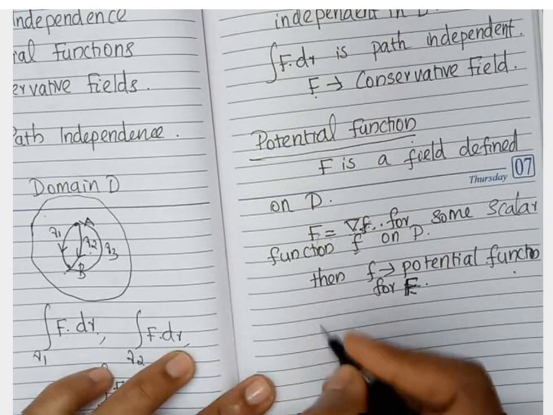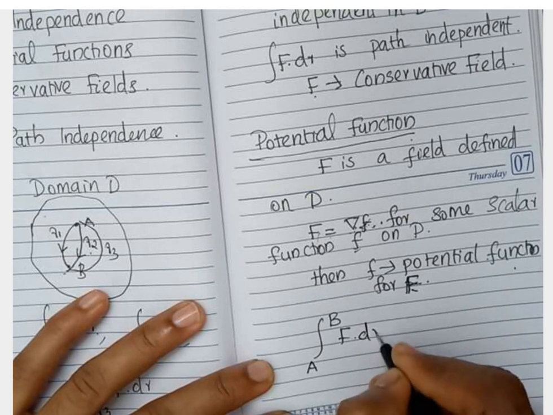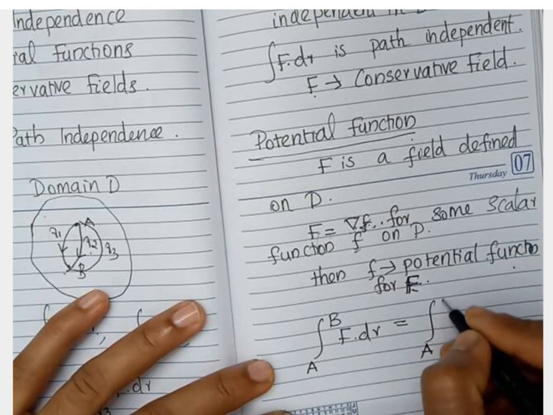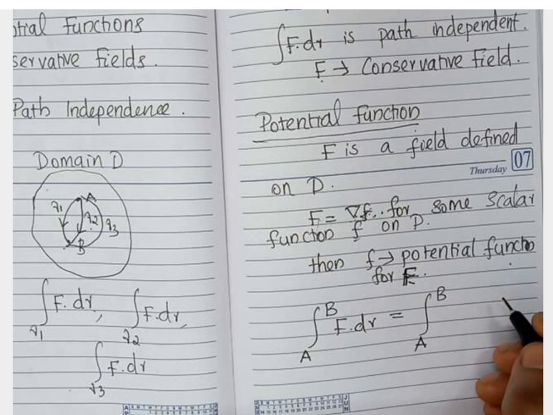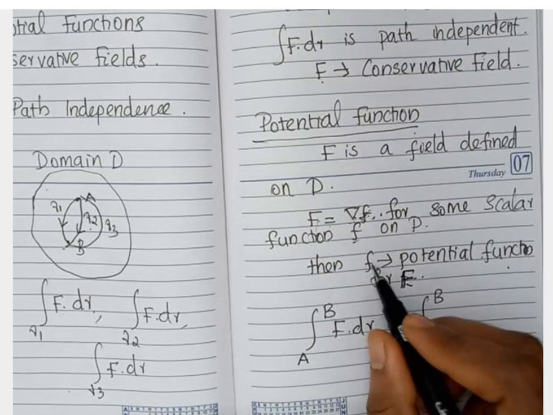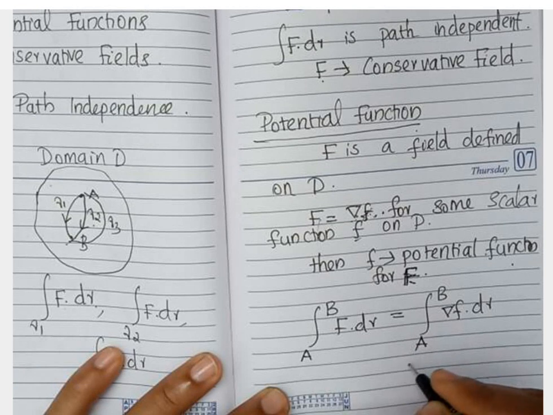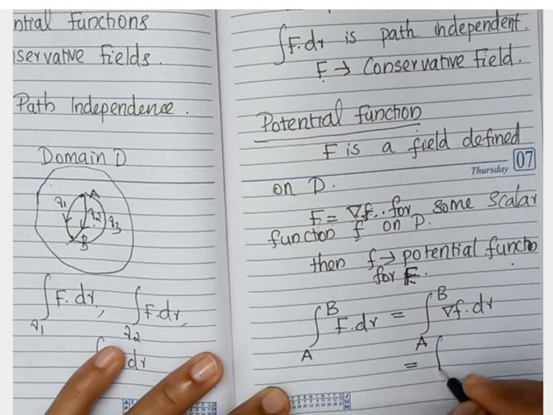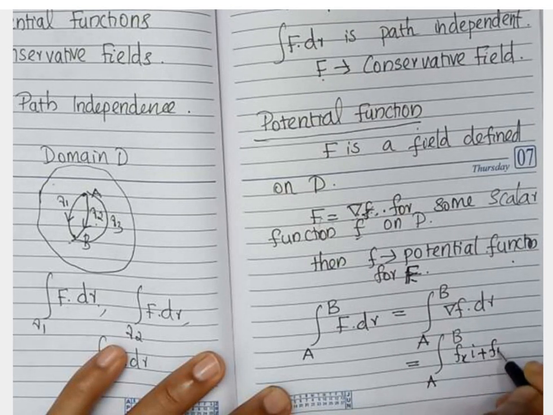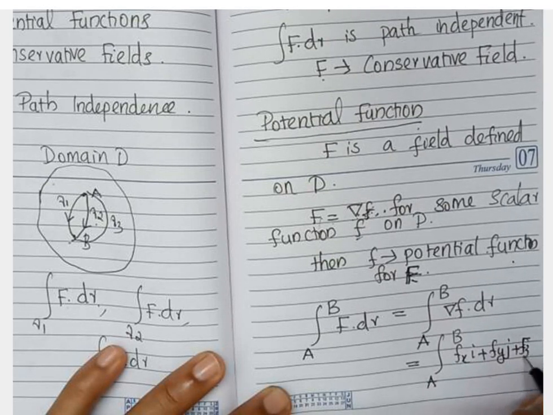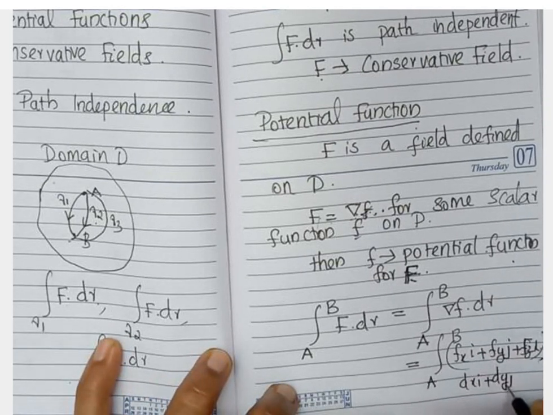Path independent means the integral from A to B of F dot dr, if small f is a potential function, can be written as del f dot dr. Del f is equal to fx i plus fy j plus fz k, dotted with dx i plus dy j plus dz k.